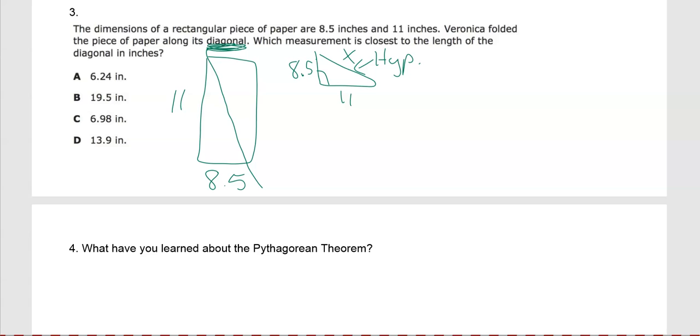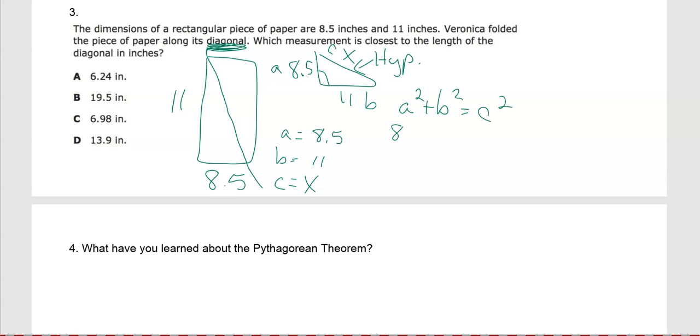All right, so we're going to do a squared plus b squared equals c squared. And I am going to label the 8.5 side A. So A is equal to 8.5, B is equal to 11, and C is unknown. All right, so A squared plus B squared equals C squared.